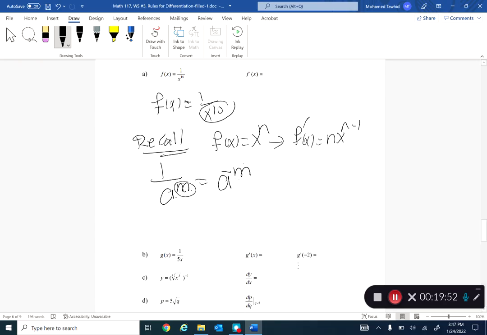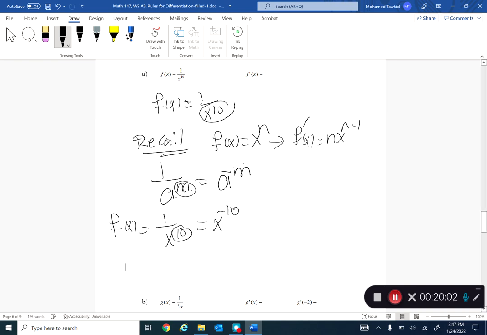We should really know how to use this one. If you have 1 over x to the power 10, that is your f of x. If I take this one up, it will be x to the power negative 10, the opposite sign of your exponent. Then it's easy.